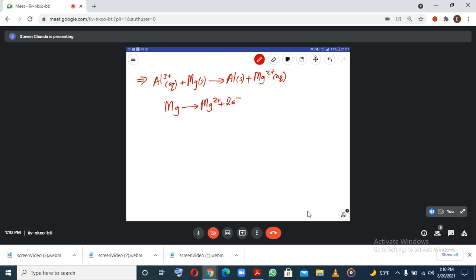Now, we know that all our standard electrode potentials are always taken from the reduction concept, right? So for magnesium, it's actually taken from the concept of reduction.